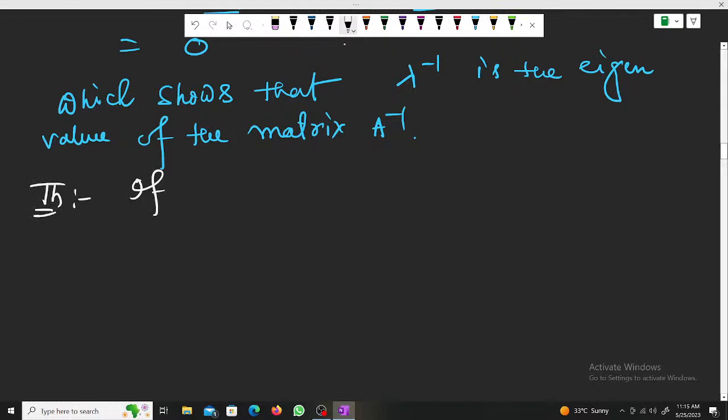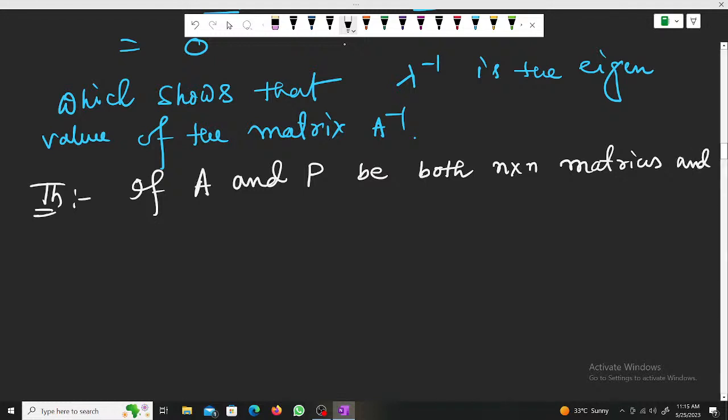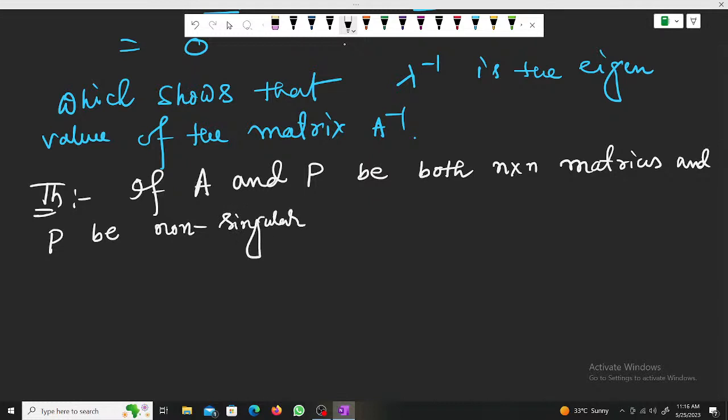if A and P be both n by n matrices, and P be non-singular, then the matrix A and the matrix P inverse AP have the same eigenvalue.